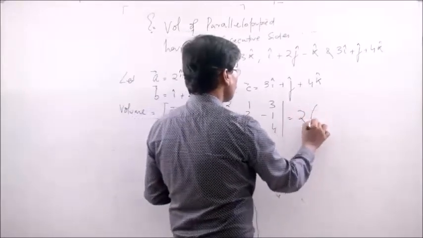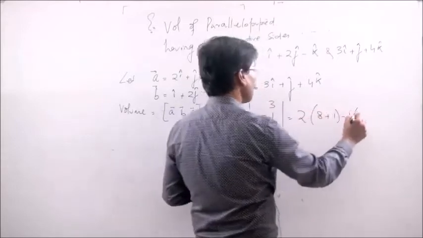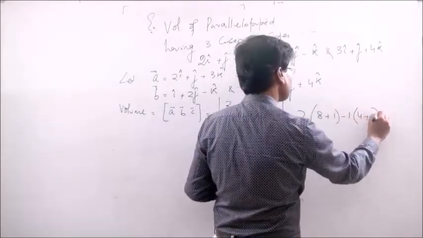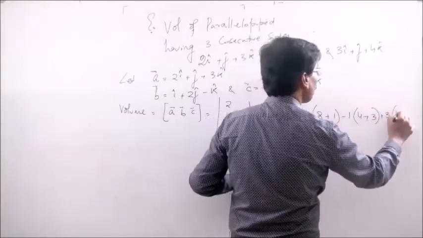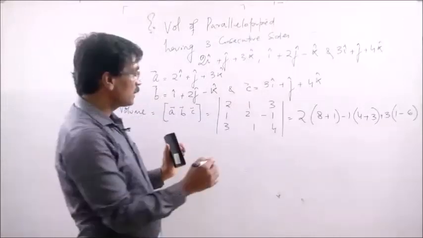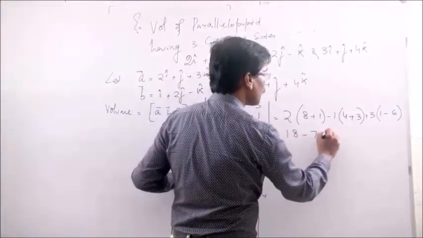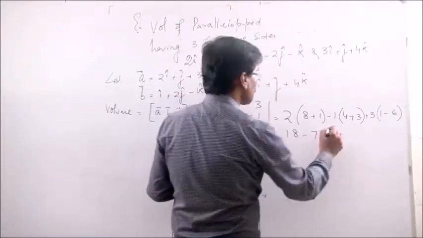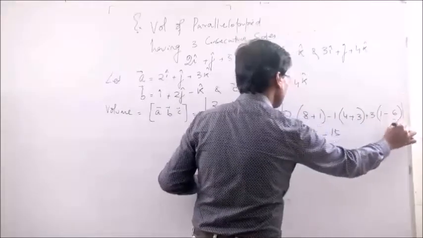That is equal to 2 into 8 plus 1, minus 1 into 4 plus 3, plus 3 into 1 minus 6. So, it is always positive quantity. So, that is equal to 18 minus 7 minus 15, its magnitude always positive quantity.